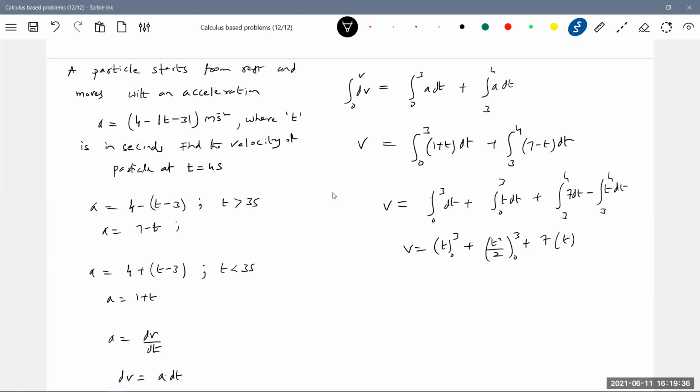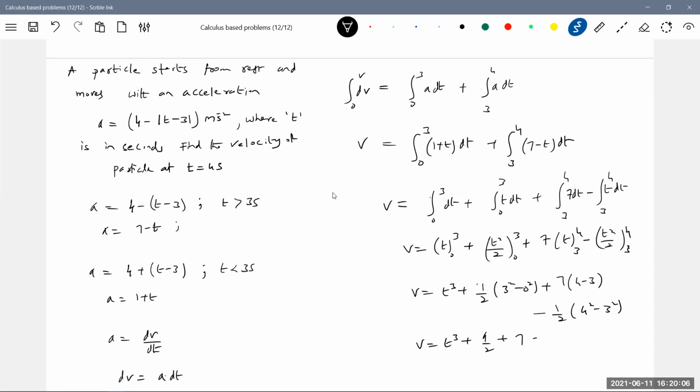I'll write one step. 3 to 4, t square by 2, 3 to 4, t cube, plus this will be 3 square by 2, 1 by 2 into 4 square minus 3 square, 16 minus 9 will be 7, 7 by 2. Okay, I'll change it. It should be only 3 minus 0.